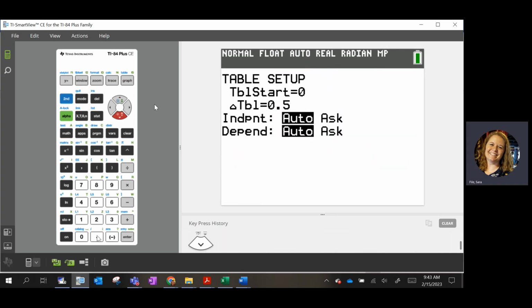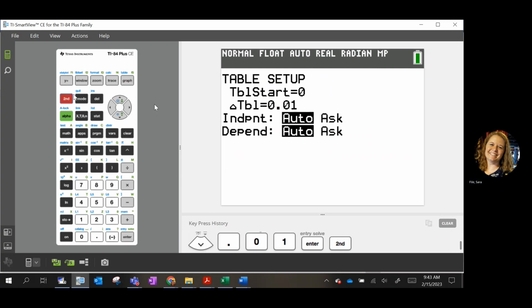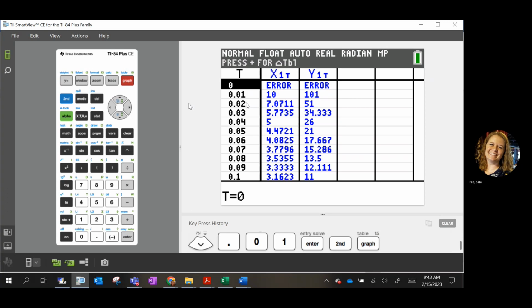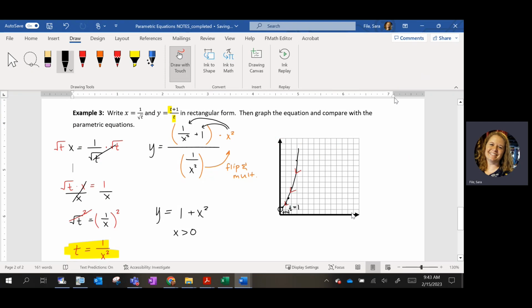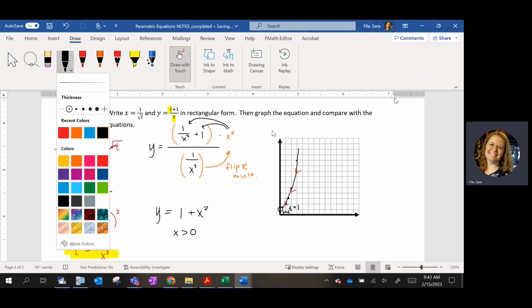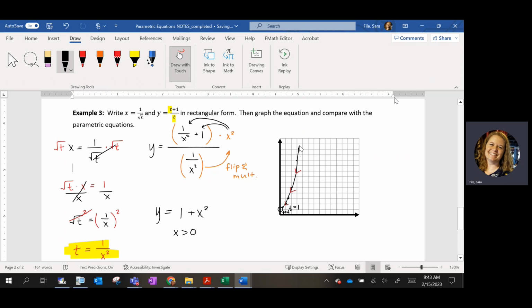Let's go to like 0.01. So there's a point at (10, 101). So with our graph, it doesn't get cut off. There's still points up there. t is just minuscule values, right? So you can show that going all the way to the end. We're not going to see the end of it. Does that make sense?